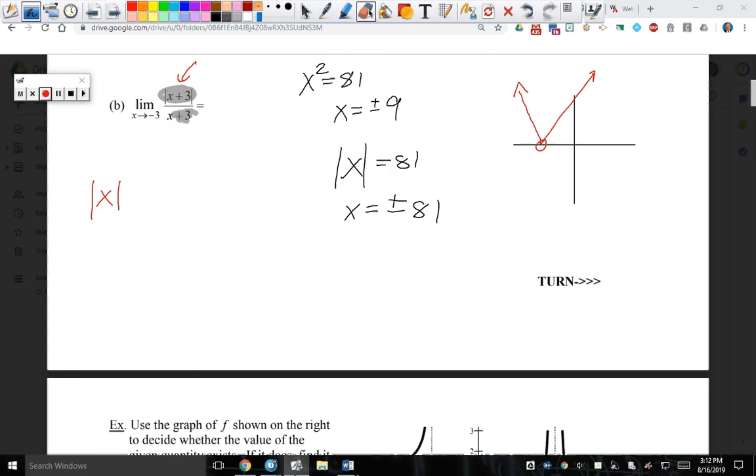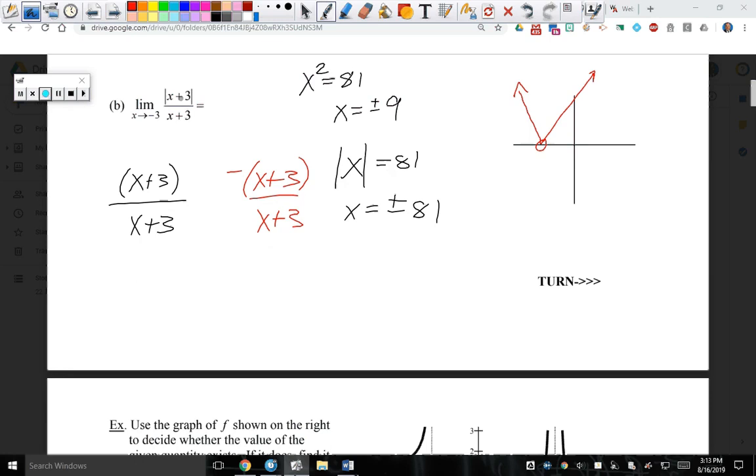All right, so you know that when you have absolute value, you have a positive form and a negative form. And let me show you what I'm talking about. Here's a positive x plus 3 over the original x plus 3. And here's a negative form of x plus 3 over the original x plus 3. And why? Because of what we know from this right here.